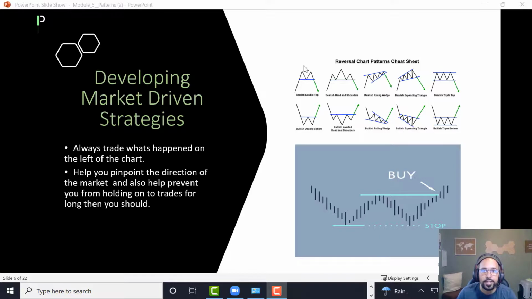Another thing that will help you is applying one specific strategy. A double bottom, a double top. A double bottom is going to help you understand that if this market hits this bottom twice, we should be looking to hold support and go back up to the neckline and through that.